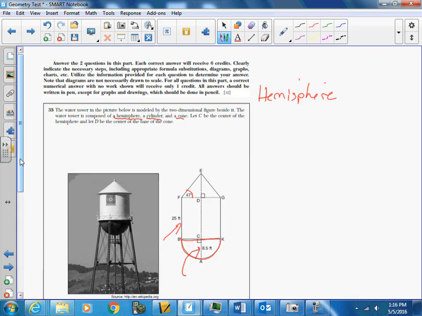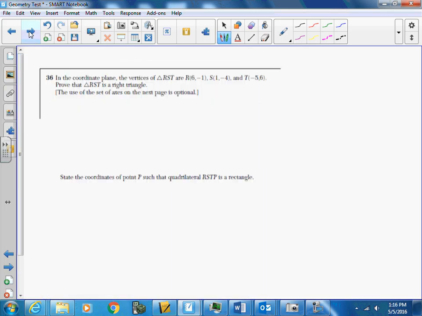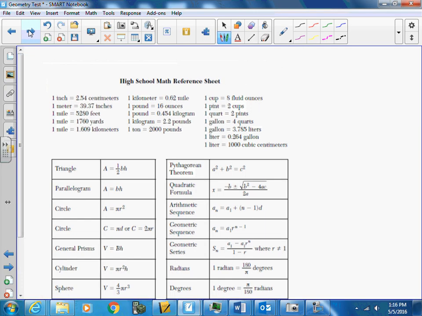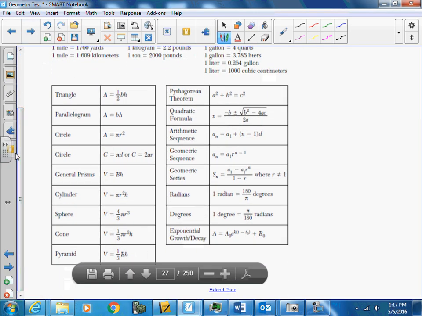That is on your, no, matter of fact, I take that back. It's not on your reference sheet. Let's go to the reference sheet here. Now, you have the volume of a sphere, but you need to know that the hemisphere is half. So, we've been talking about this in the class.